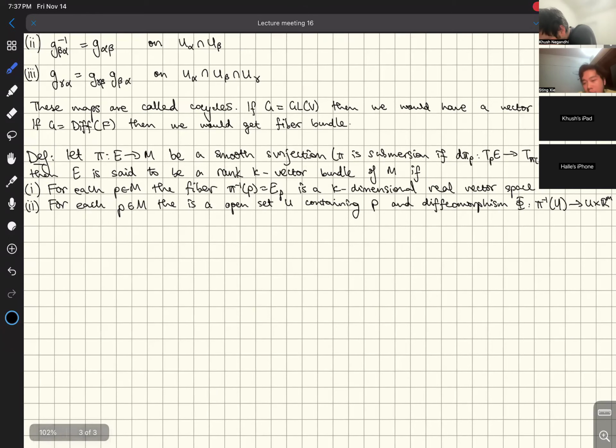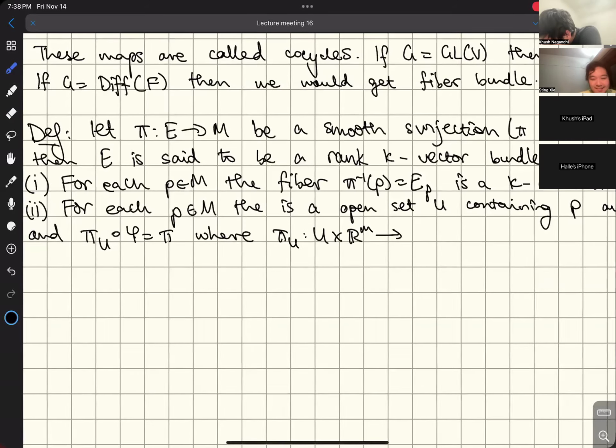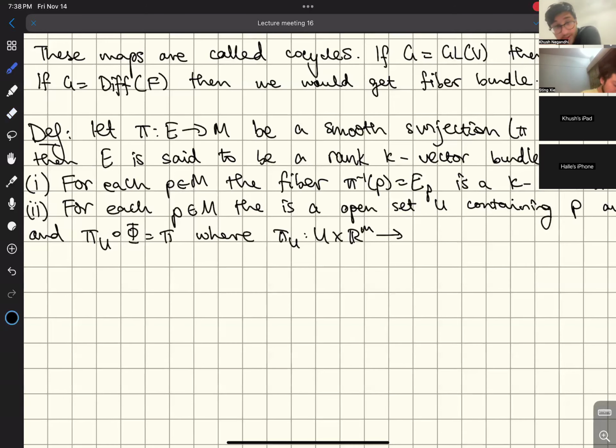So it's a diffeomorphism, and pi restricted to U composed with phi. Let me write it like this actually. Here pi_U, going from U times R^k into U, is the trivial projection onto the first component.